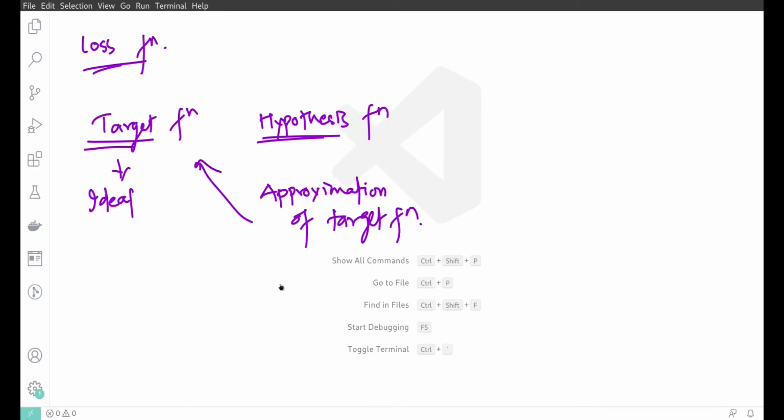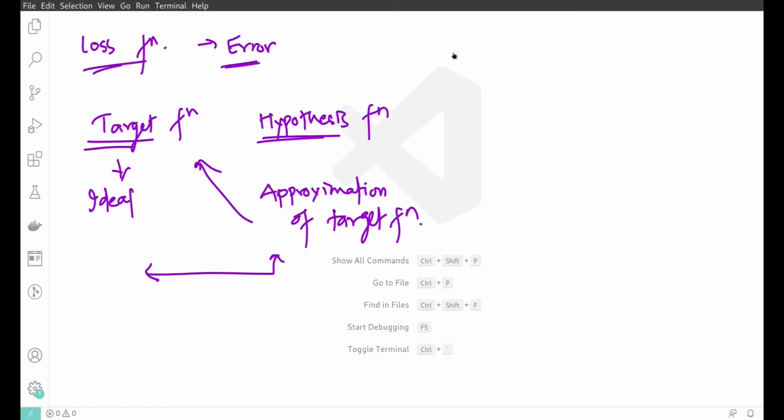Okay. So loss function is used to determine how much of a difference there is between the hypothesis function and a target function. So basically we try to find out some sort of error that is there in this particular hypothesis function. We don't have the target function directly, but what we have are the actual predictions.